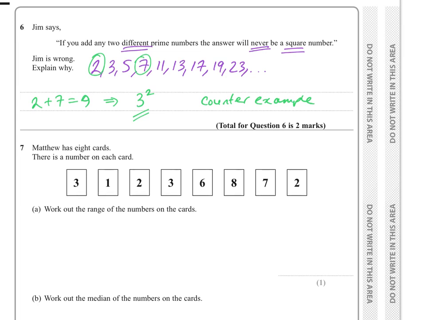I can also see one here, and that is 13 and 3, which is 16, which is 4 squared, and I'm sure that you can probably find others as well. Can you see another one? Well, I'll change the colour here. 2 and the 23 is 25. Okay, so plenty of choices to choose from for that question.